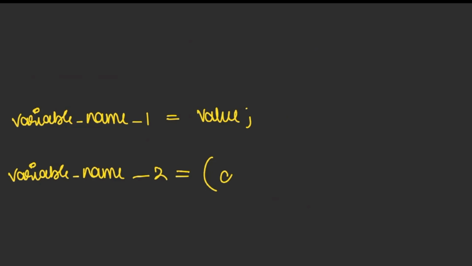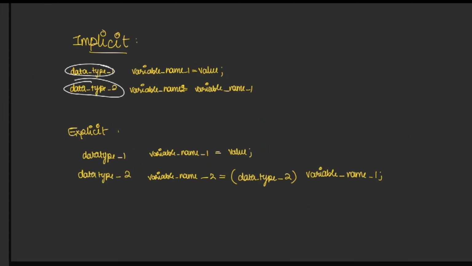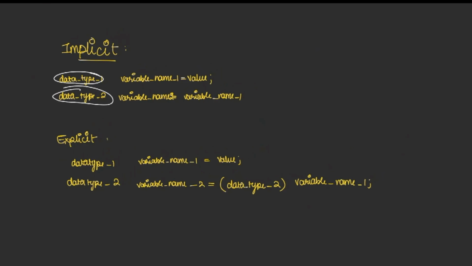Then you put data type 2 in the bracket, and then you give out your variable name 1. So you can see the difference in the format for both of them, and that is the syntax that you need to remember for implicit and explicit typecasting.